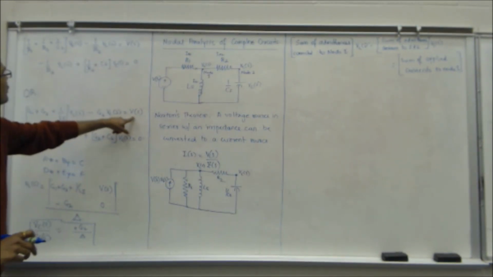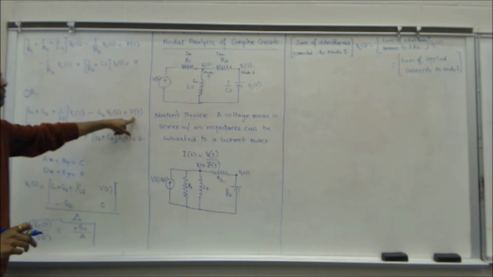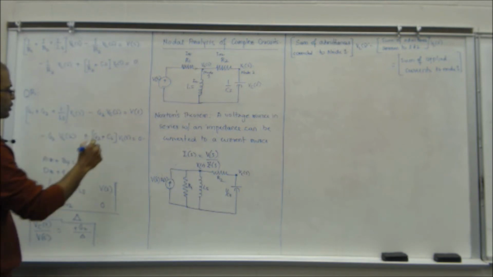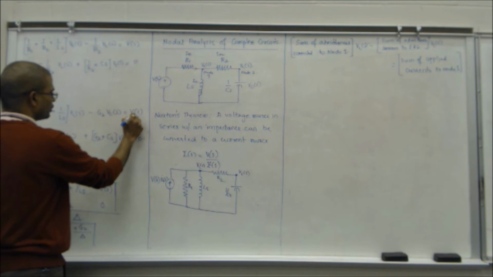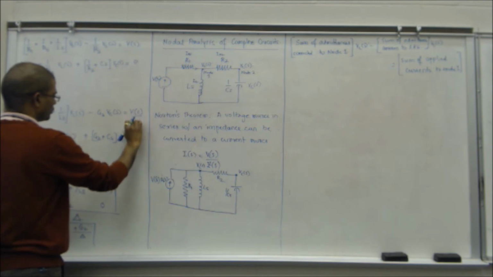Did we have this right? VC of S, V of S. I think we missed out something here, right? Was it 1 over R1?